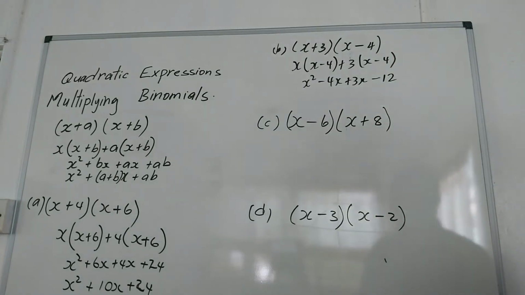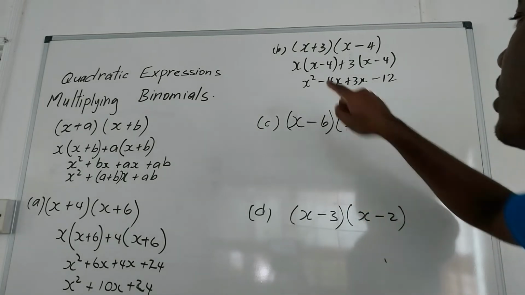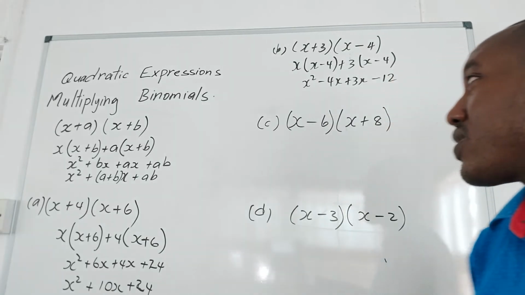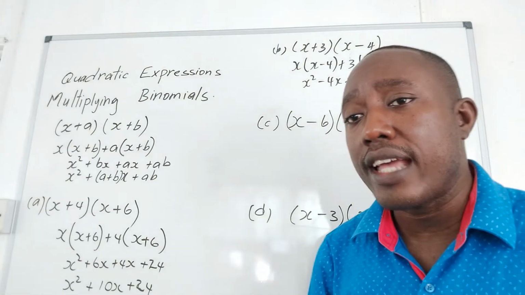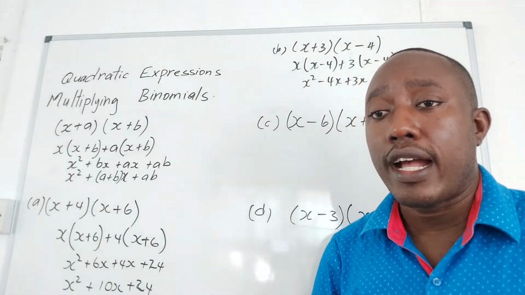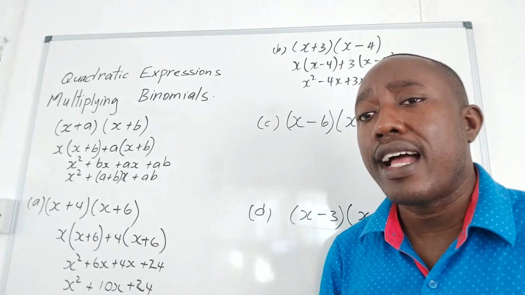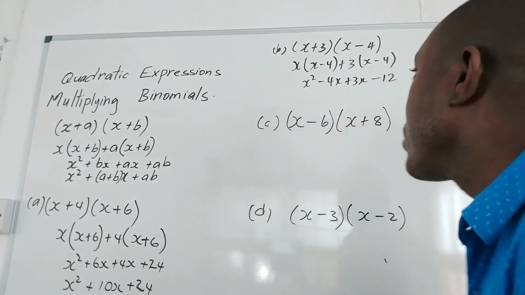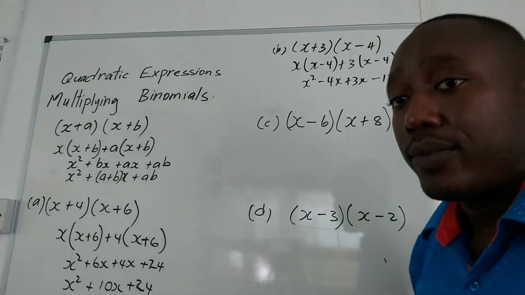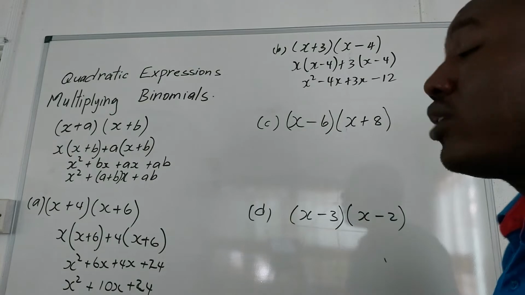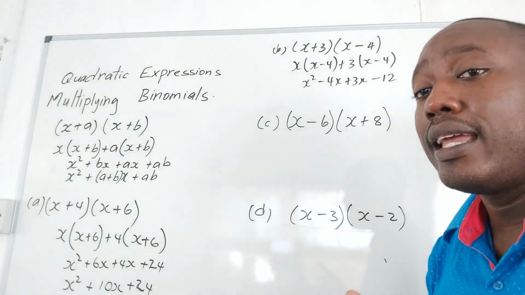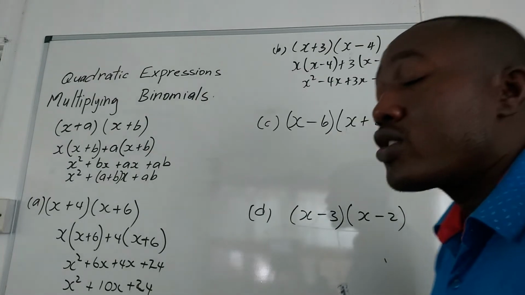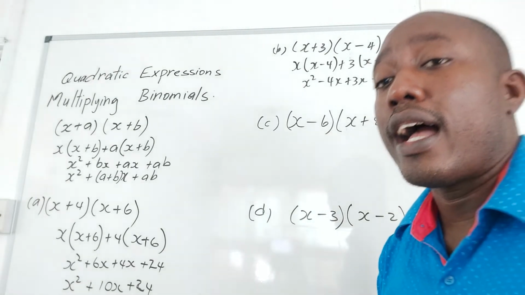Now we have to add negative 4x plus our 3x. Anytime we add and our signs are different, we subtract. And the answer takes the sign of the larger number. Since the 4 is larger than the 3, we know that this answer will be negative. So when we subtract 4 and 3, we will have 1.